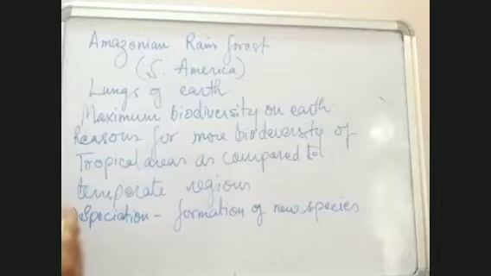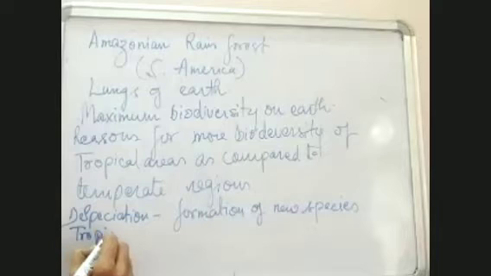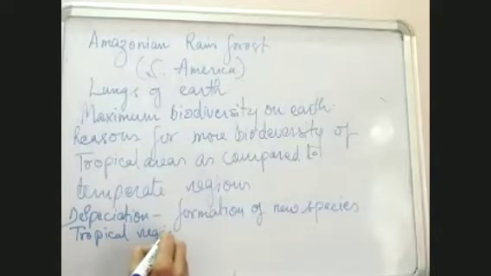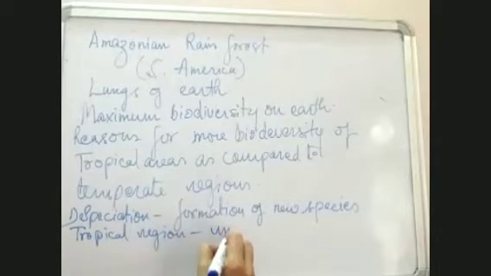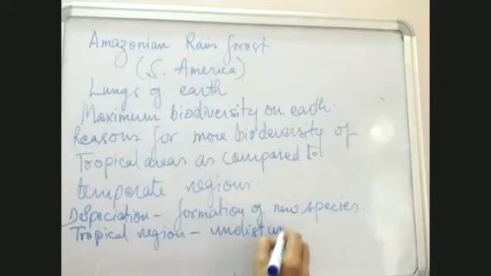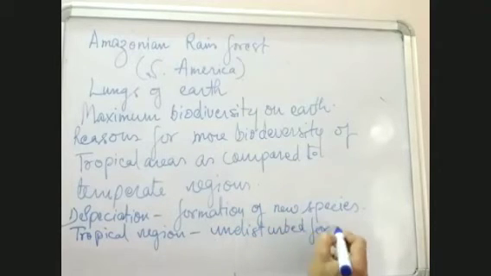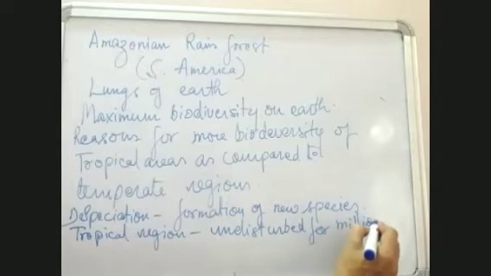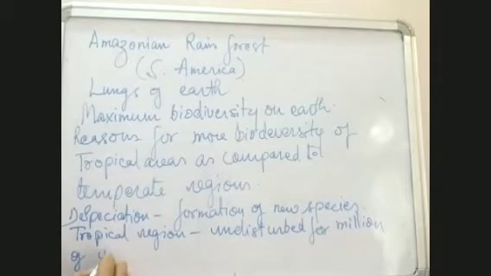So in the tropical region, new species were formed because the tropical region was undisturbed for millions of years. And because it was undisturbed for millions of years, new species originated and came into existence, as compared to the temperate region.